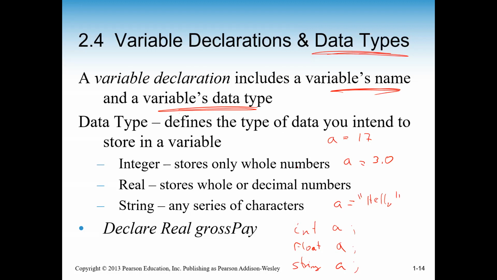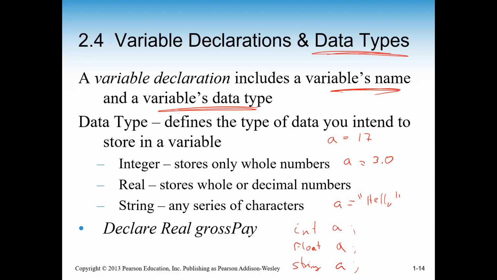So data type again is just a data structure of how data will be stored in memory. You need the differences because storing an integer is easier than storing a float because of the decimal, right? You need to find out how many numbers you have to the right of the decimal and so on. So data type defines the type of data you intend to store in a variable.